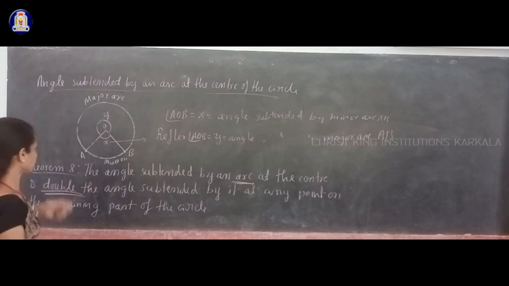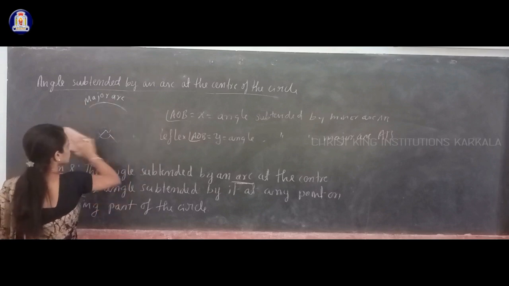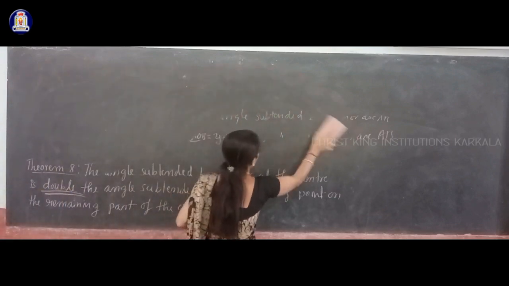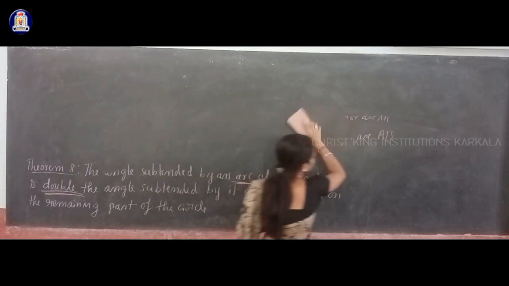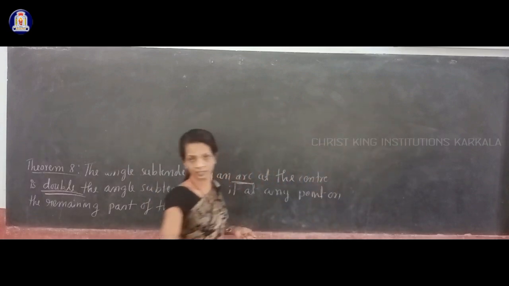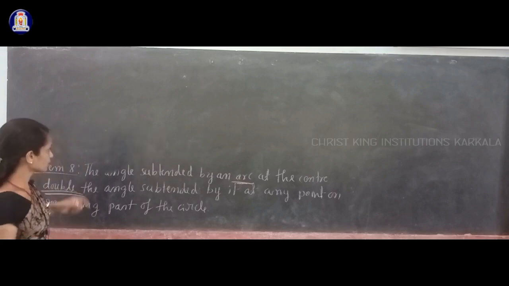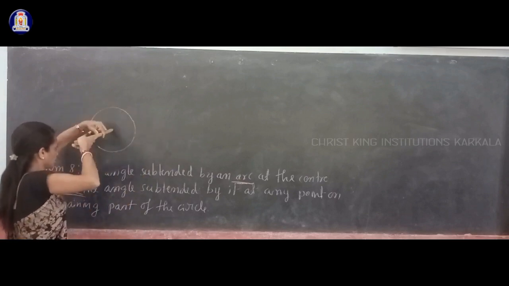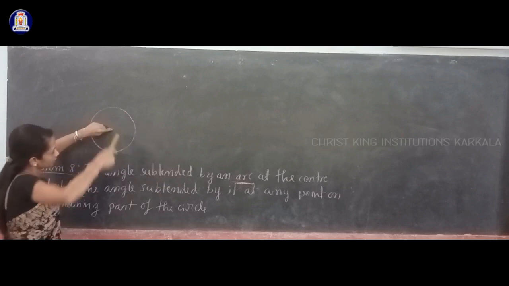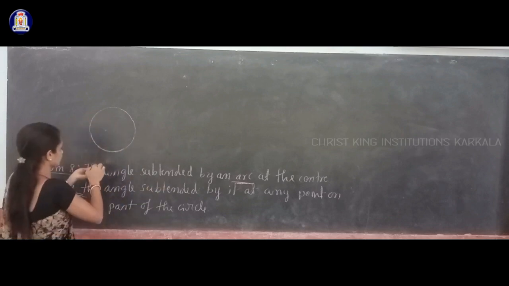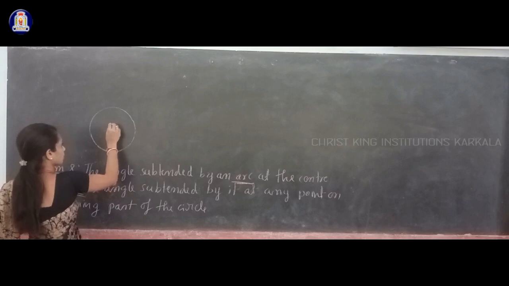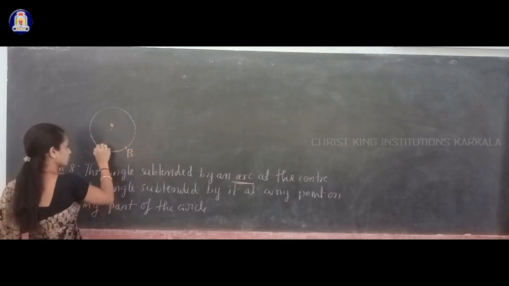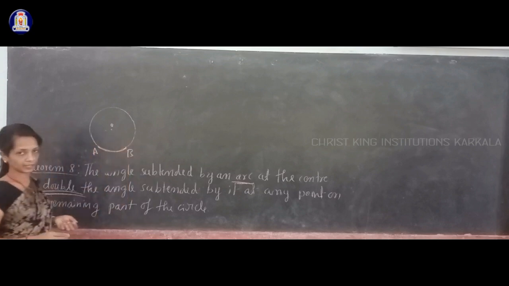So, to explain this statement, I'll take one circle and a minor arc, and next I'll explain for the major arc. Suppose you have a circle with the center O like this, and this is the minor arc AB.